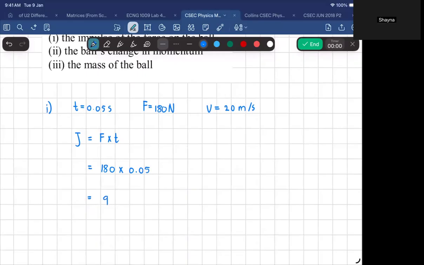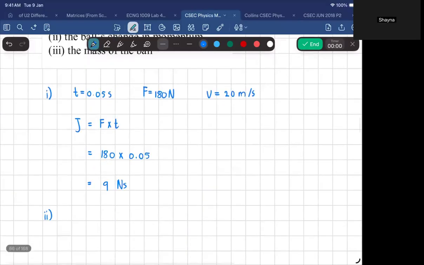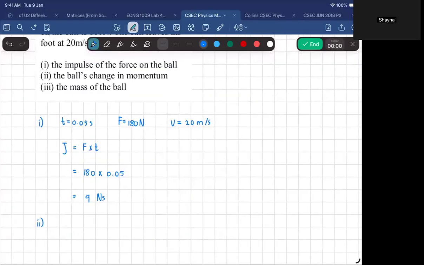Just confirm that again. Okay, 9. Yeah. So that would be 9 newton seconds. You okay with that? Yes, sir. All right. Cool. Now for part 2, it's the same answer, but the units are going to be different.